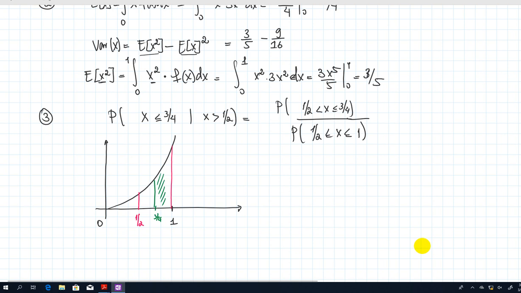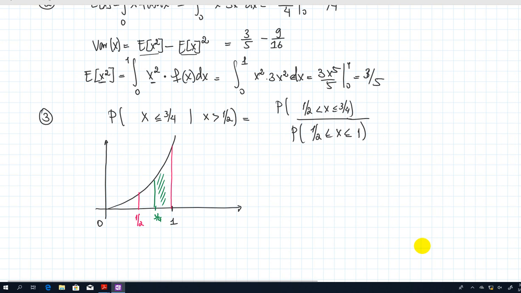This is not asking what is the area of the green one. The probability that x is more than 1 over 2 and less than 3 over 4 would be just the green area. The probability that x is more than 1 over 2 is the red area. This conditional question geometrically means: what is the proportion of the green area from the red one?